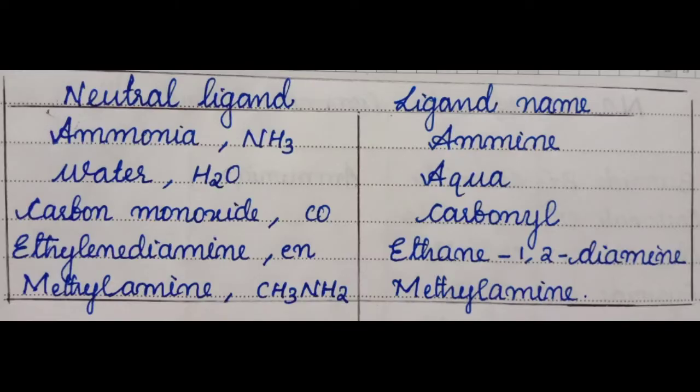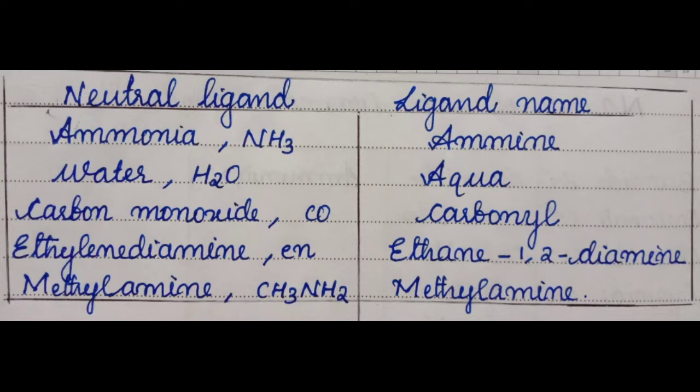Let's see the names of some neutral ligands also, which we may use often. Here we have ammonia, and the ligand name is ammine. Water, aqua. Carbon monoxide, carbonyl. Ethylenediamine, and its abbreviation is en.